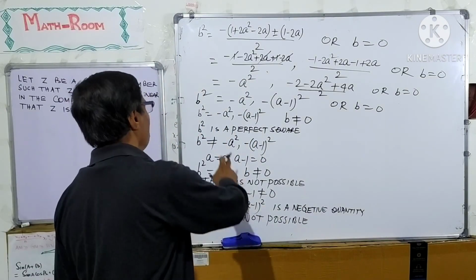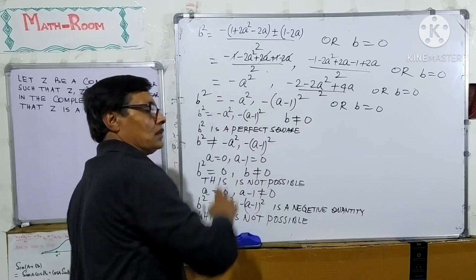B not equal to 0, b square equal to this, which is not possible.